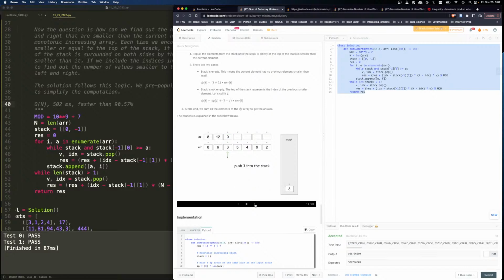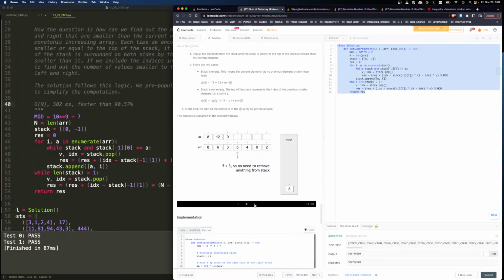Now 5 comes in. So I use the previous smaller because it's bigger. I use the previous smaller to find what 5 is going to do, ending at 5, right?